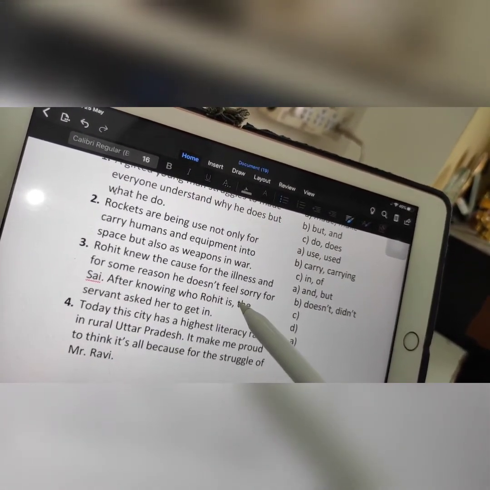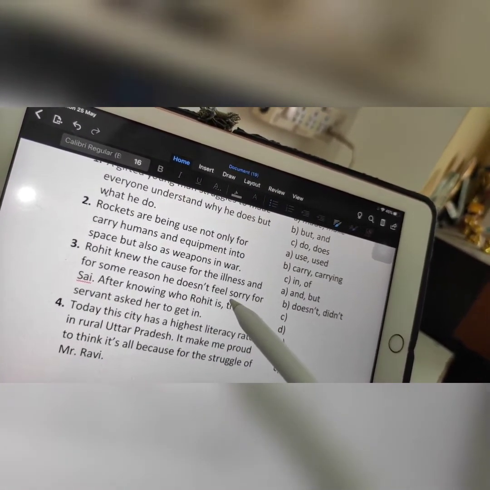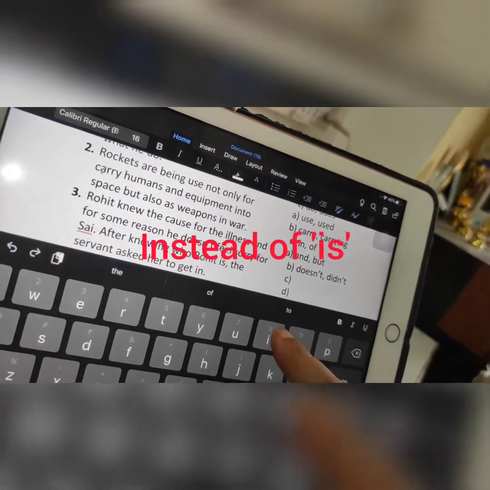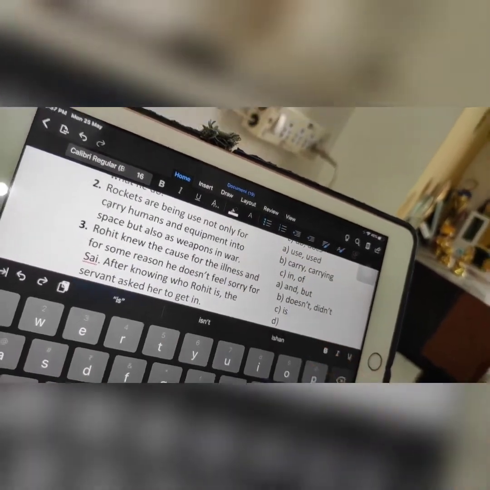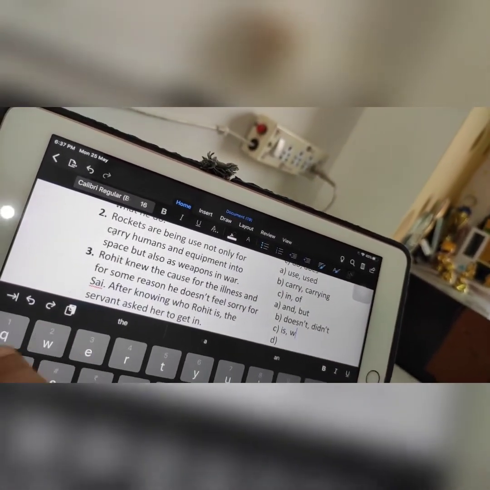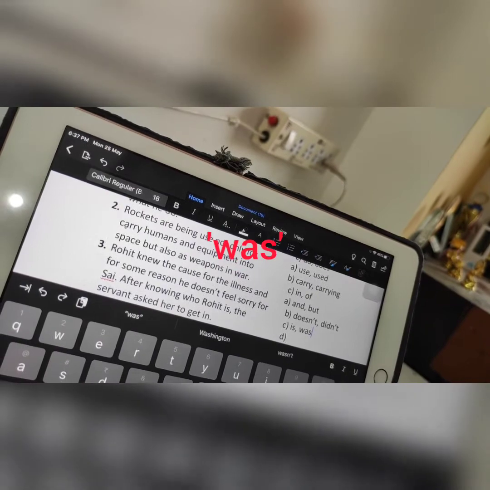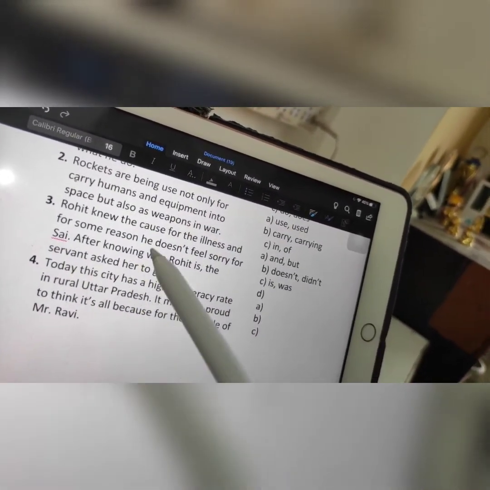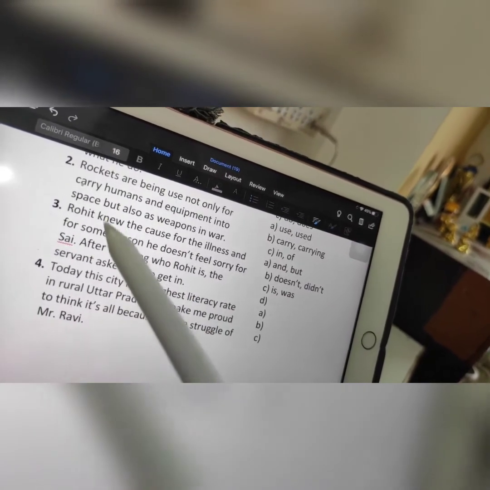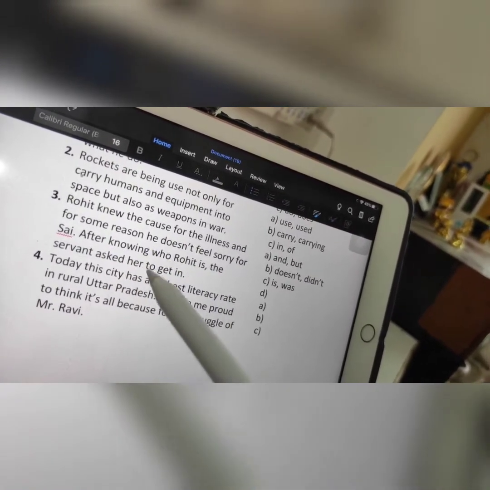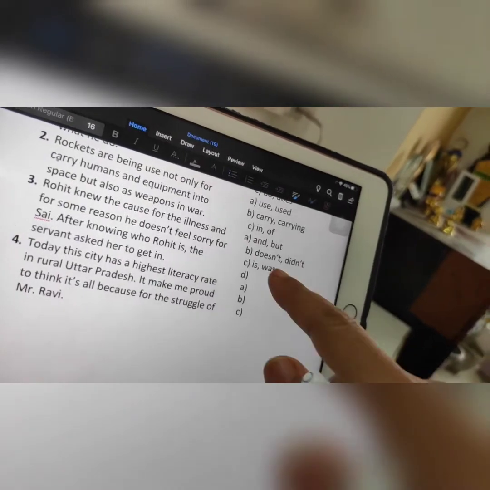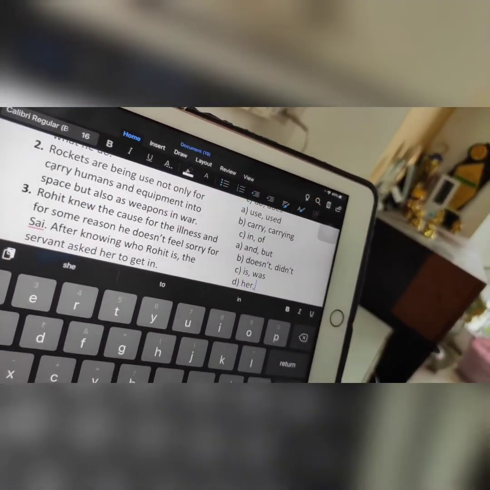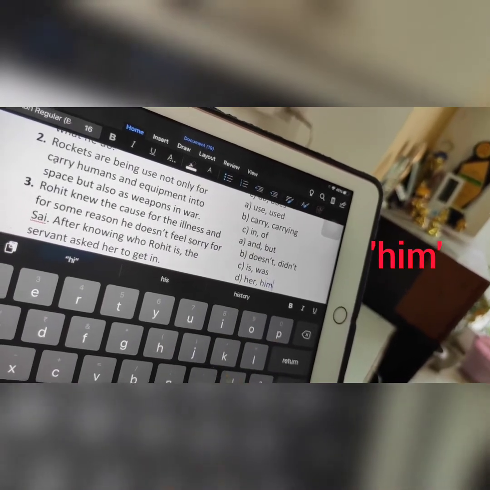Now is again present tense. Here we have to use past tense. So the next correction is the wrong word is is and the correct word is was. So after knowing who Rohit was, the servant asked her to get in. Rohit is a boy, so here we cannot use her for him. So we will write down first of all her, the wrong word, and then the correct word him.